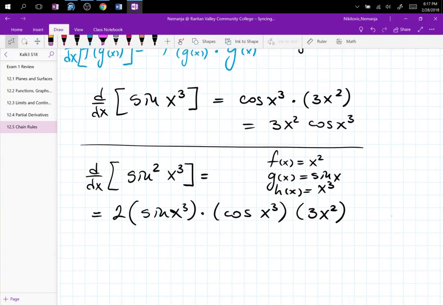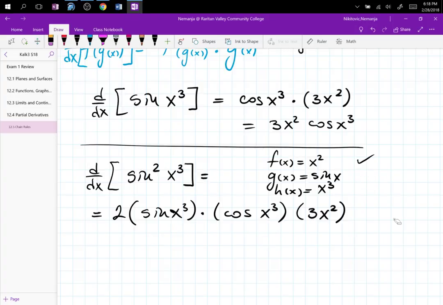Students sometimes also ask me, how do I know when to stop? Because clearly if you go over here, you can still write 6x and then write 6 and then get 0 and kill everything, if you overdo it. So how do we know when to stop? Well, you have three functions, 1, 2, 3, and then you have 1, 2, 3 derivatives.